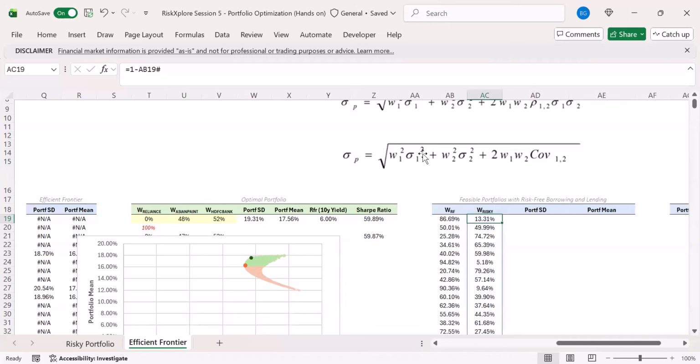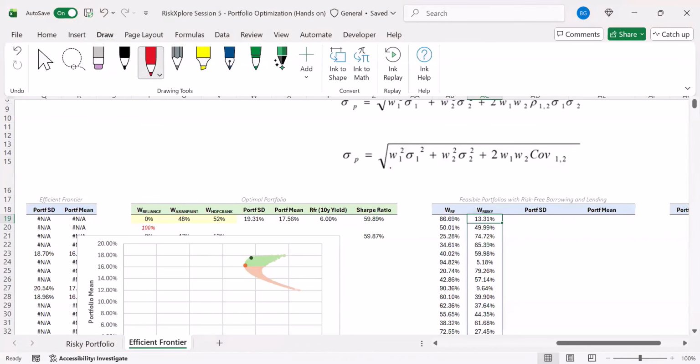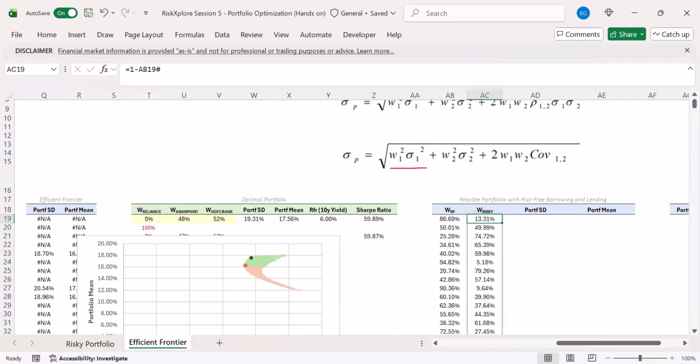It is 0, right? So this component here will become 0 because the SD of the risk free asset is 0. We can cancel this out.